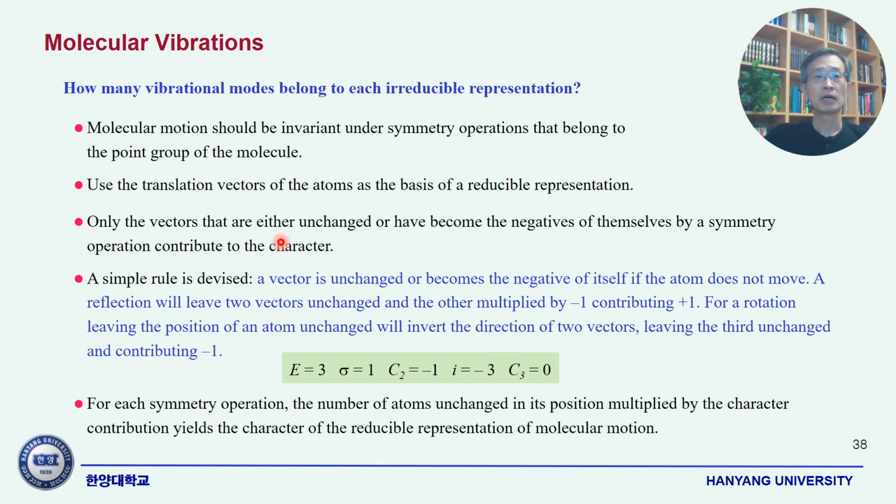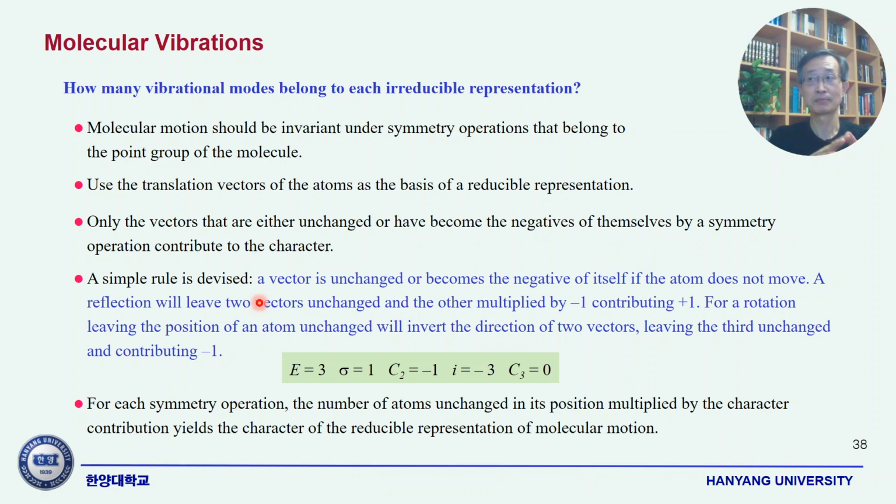Only a vector that is either unchanged or becomes the negative of itself by a symmetry operation could contribute to a character. What does it mean? If you apply the symmetry operation to the molecule, and an atom does not move for that operation, then it is possible to contribute to the character. That atom has x, y, and z coordinates. If one of the coordinates does not change, that's +1.